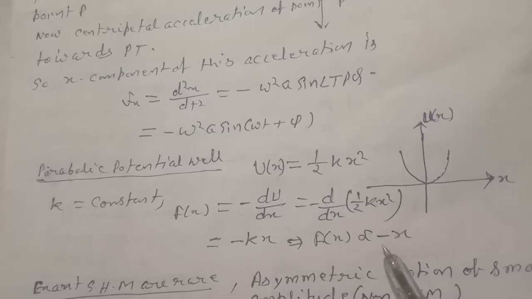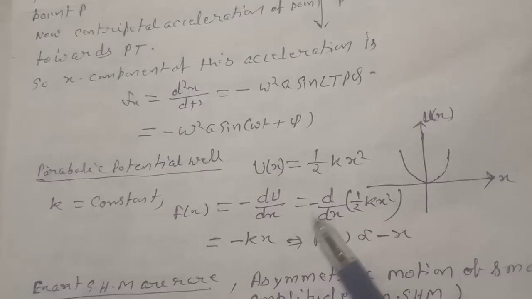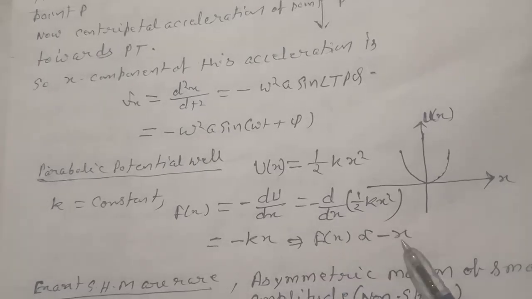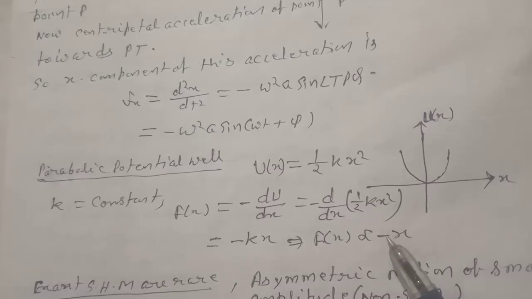So Fx is proportional to minus x. This shows that the force is proportional to the displacement and is directed opposite to the displacement, and so the motion is simple harmonic, SHM, simple harmonic motion.